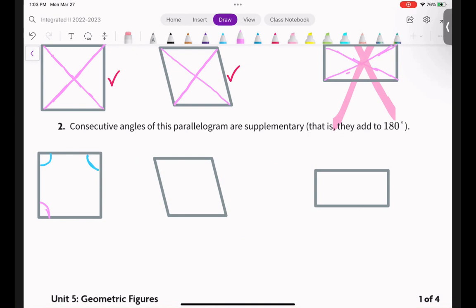Okay. So this says consecutive angles of this parallelogram are supplementary, meaning they add up to 180, right? So which ones of these add up to 180?